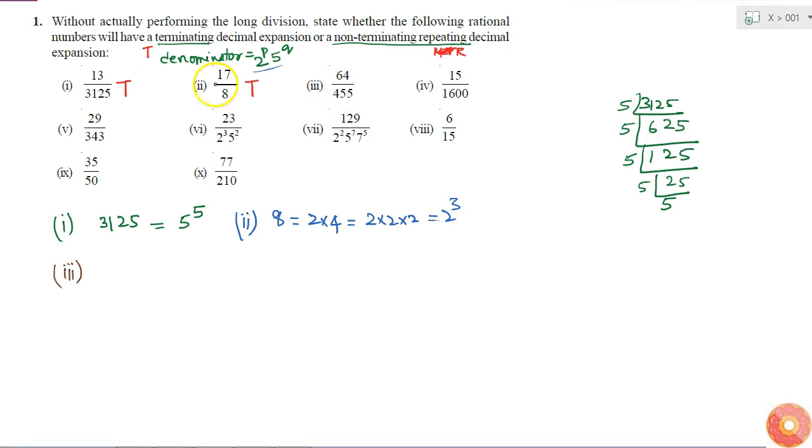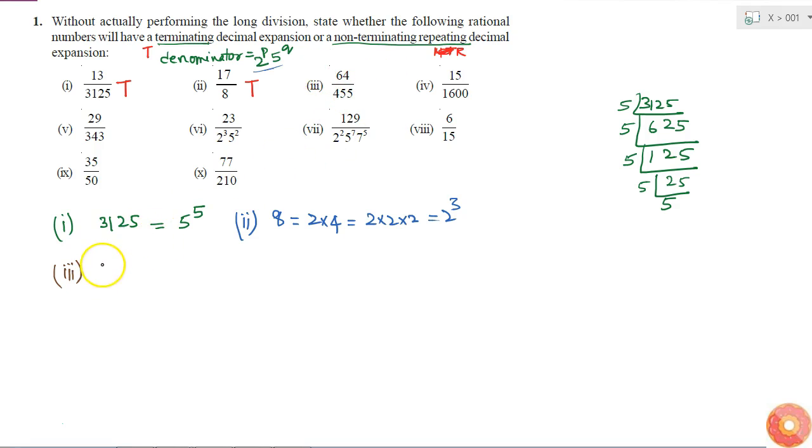As you can see, I am not looking at the numerator. Numerator can be any number, but as long as the numerator is an integer, I just have to focus only on the denominator. If the denominator is of the form 2 power p into 5 power q, then I can tell that it has a terminating decimal expansion, irrespective of what are the factors of the numerator.